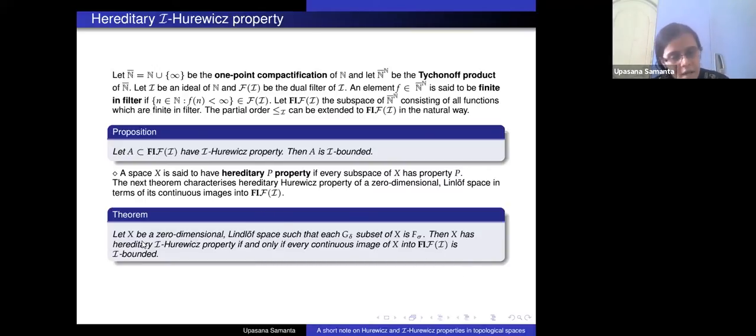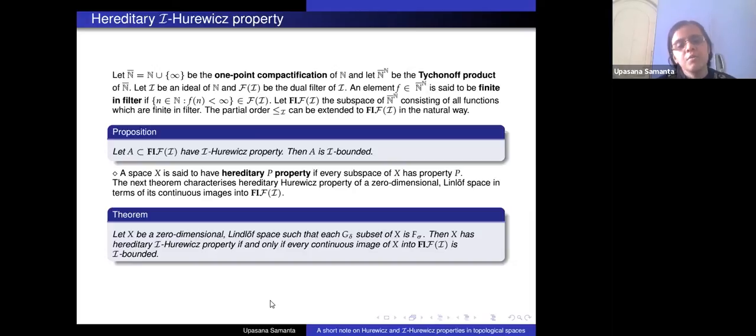But here also we take X a zero-dimensional Hausdorff space with the assumption that each G-delta subset of X is F-sigma. So what we have done in this talk is that we characterize Hurewicz and I-Hurewicz property in terms of continuous images and in terms of different selection principles, and we check under what conditions the I-Hurewicz property is preserved.